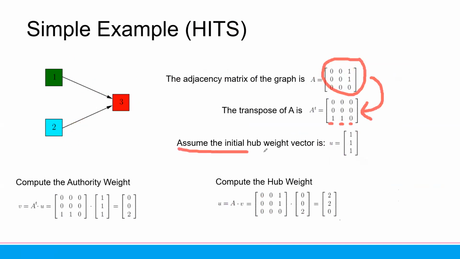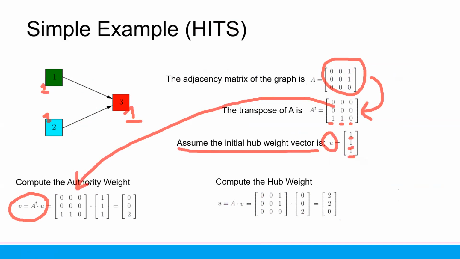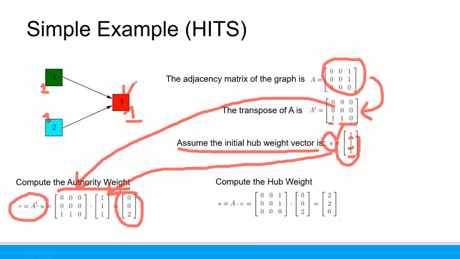Let's assume we have initial weight U. It is 1, 1, 1. So based on the formula, V is A transpose multiplied by U. So I can just apply A transpose multiplied by U. This is the authority weight. Authority weight means the number 3 is the authority.